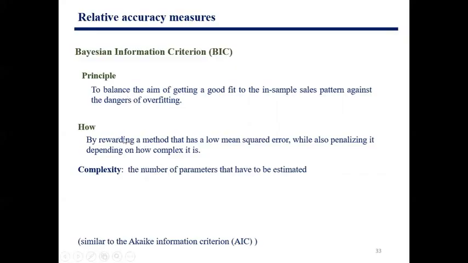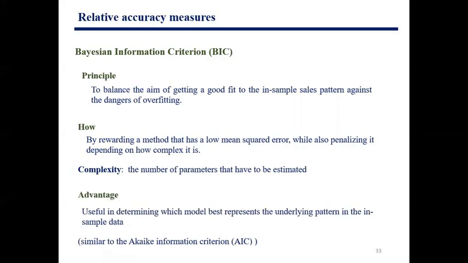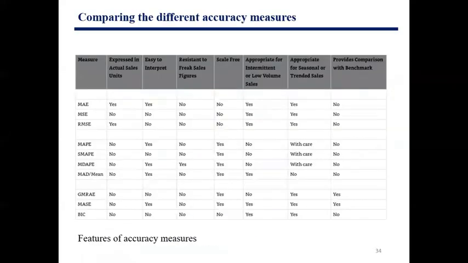How to do this is by rewarding a method that has low mean squared error while also penalizing it depending on how complex it is. It means if a method has a good or low mean squared error, you will reward it, but if it's complex, you will penalize it, and you will find the best trade-off and compare the methods based on that. Here is maybe a summary of the accuracy measures I presented before.